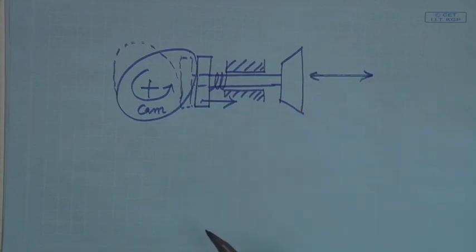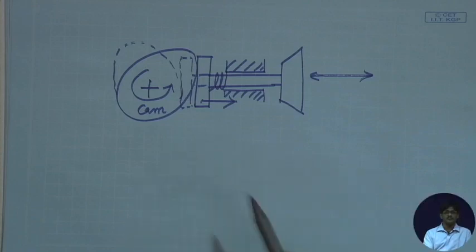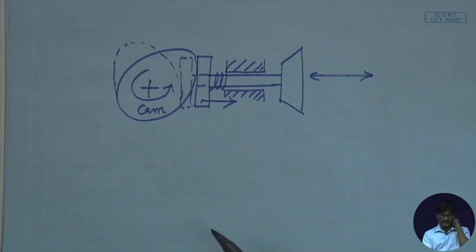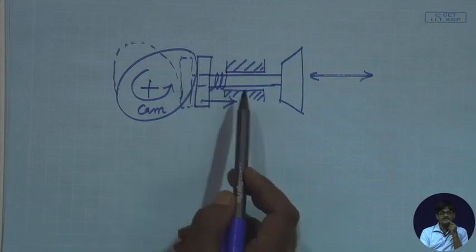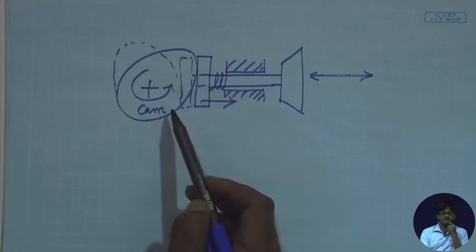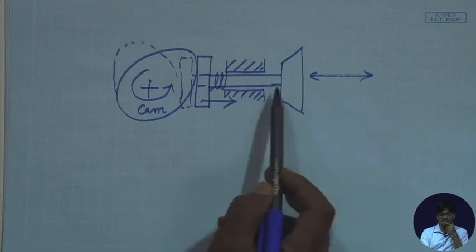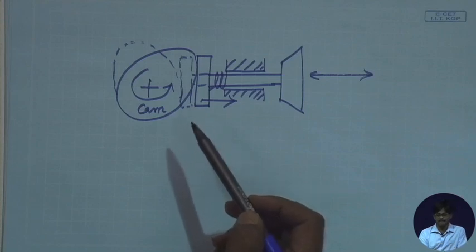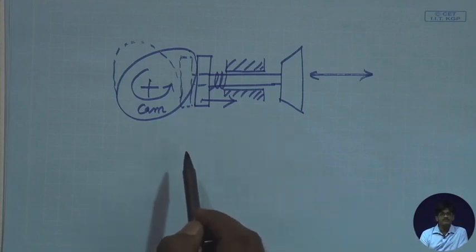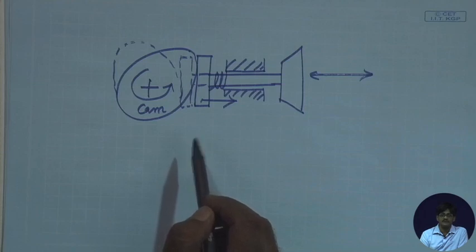Question is, do we have that kind of a mechanism for imparting the reciprocating action? No. Why not? Because in this case, generally the problem is the stroke is not quite adjustable. If you want to change the stroke length, it is difficult. So, generally we go for crank connecting rod mechanism, where it is easy to change that. Now, why do we need to change the stroke in case of gears?